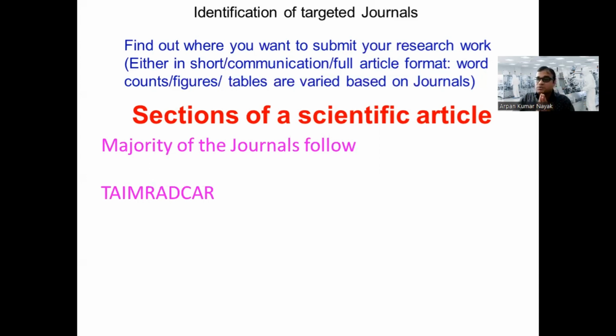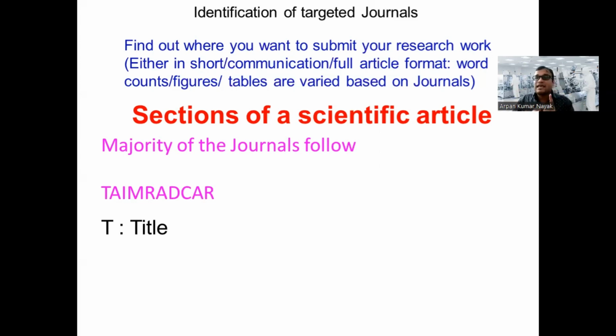So what are those sections? The first, you can see T, that is title. Every scientific research article should have a particular title. Later, I will explain the importance of the title and how we have to choose it.